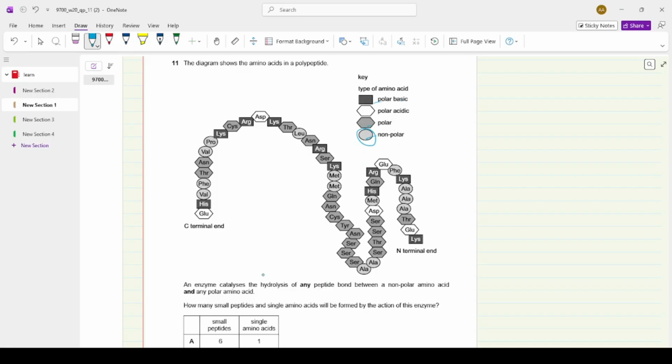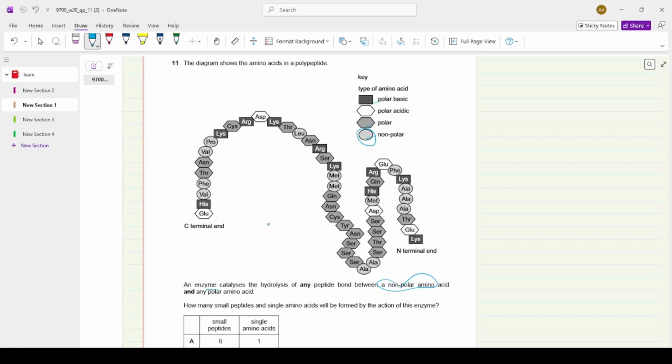Anyway, going to the question, they were saying an enzyme catalyzes the hydrolysis of any peptide bond between a non-polar and any other amino acid. How many small peptides and single amino acids will be formed by the action of the enzyme?